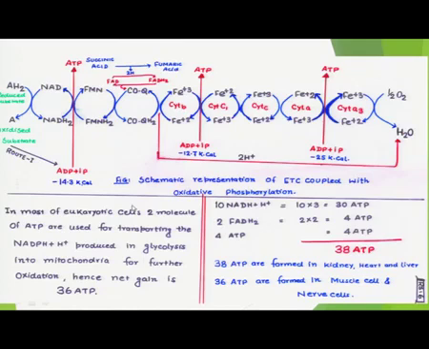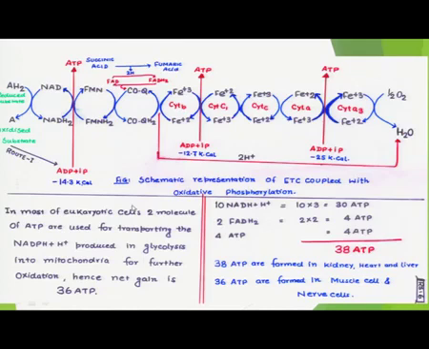This NAD is now converted into NADH plus H plus, and then the electron and proton transfer from one cytochrome to another cytochrome. This is route 1.